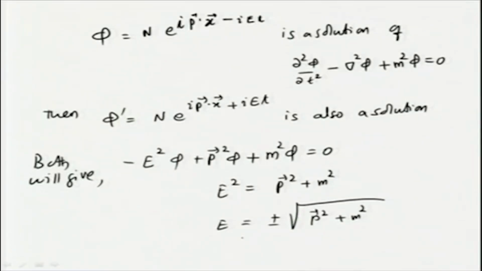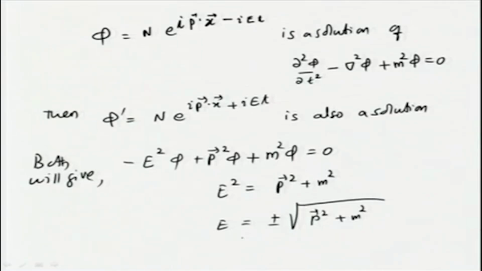When we interpret E as the energy of the particle corresponding to the wave function φ, this puts us in a difficult situation. It tells you that you have a solution with energy E for this particle, and you cannot avoid another solution with minus E. So a negative energy solution comes along with a positive energy solution.